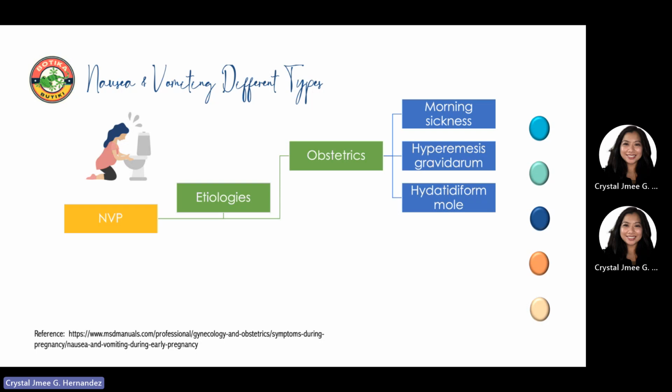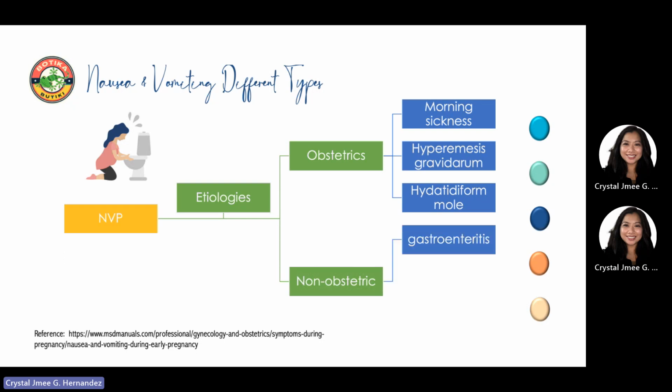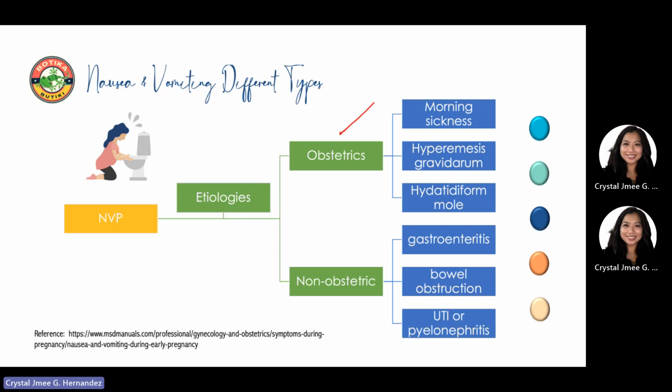And then hydatidiform mole. This is usually associated with gestational trophoblastic diseases. Next is non-obstetric, such as gastroenteritis, bowel obstruction, and UTI or pyelonephritis. Meaning to say, the first group is related to the pregnancy.